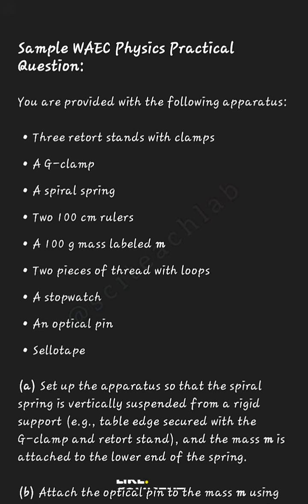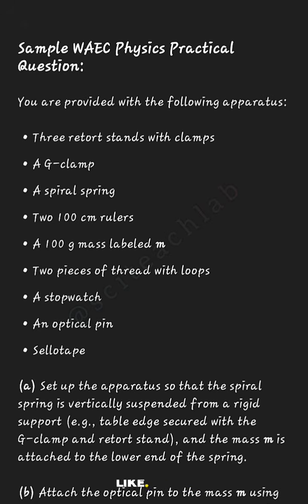Now my question is, set up the apparatus so that the spiral spring is vertically suspended from a rigid support. Rigid support could be the table edge secured with G clamp and the retort stand on it, and the mass M is attached to the lower end of the spring.